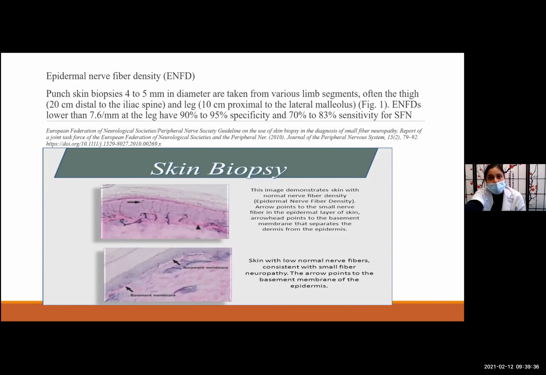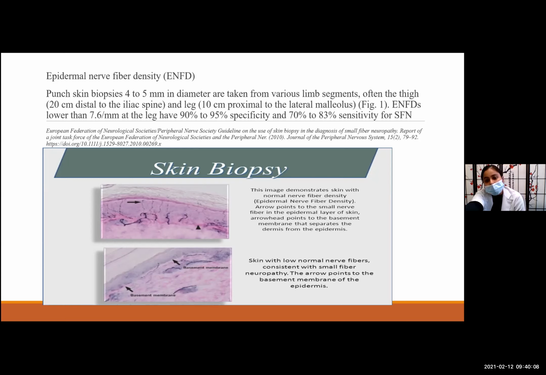And skin biopsy. Skin biopsy has always been found to be the most specific test because you can see objectively that the nerve fiber density has reduced in the epidermis or in the sweat gland. The areas where the samples are taken from are usually the leg: the thighs, upper thighs, and mid thigh.